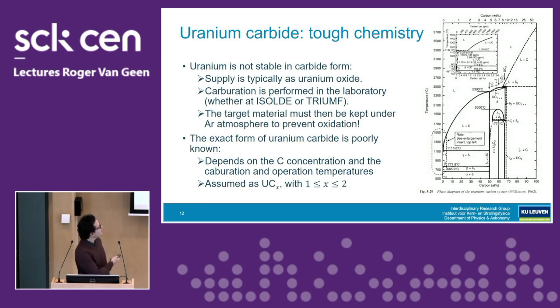So we typically name those targets UCx, where x is somewhere between 1 and 2. And it's typically a mixture of UC, UC2, and graphite, because there are some lumps of graphite that can also form in the process. So this is something that, of course, can have quite some impact later on in terms of the sintering processes and the pore closure during operation.